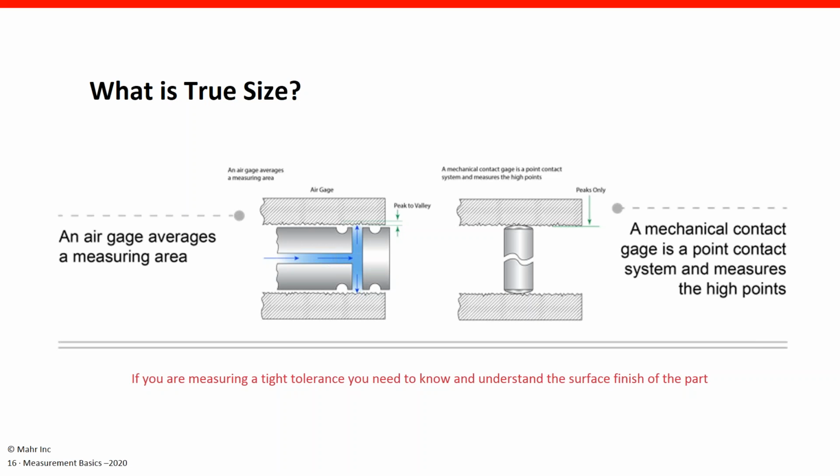A mechanical plug gauge, for example, with its mechanical contact, is only going to ride on the peaks. So if we have a very rough part and we're trying to use an air gauge, there's going to be some concerns. So this is another example when you're trying to measure a very tight tolerance, you have to understand, before the form, now we have to understand the surface finish of the part. It all comes down to providing the right gauge for the application.